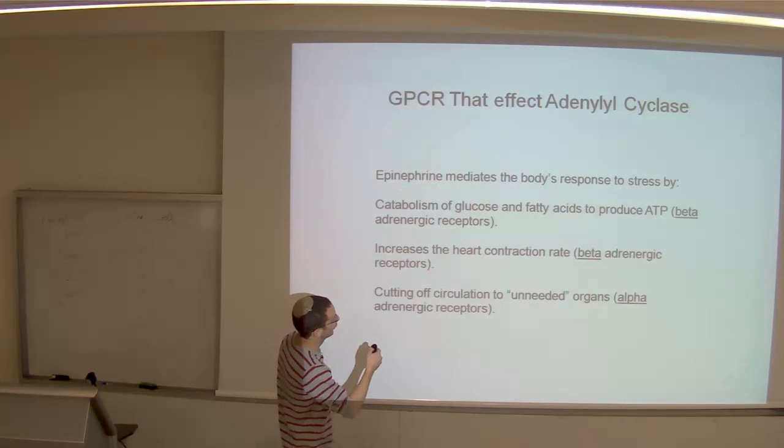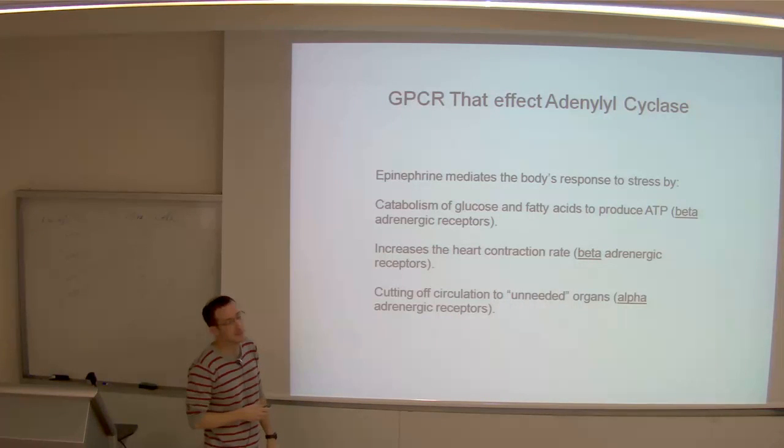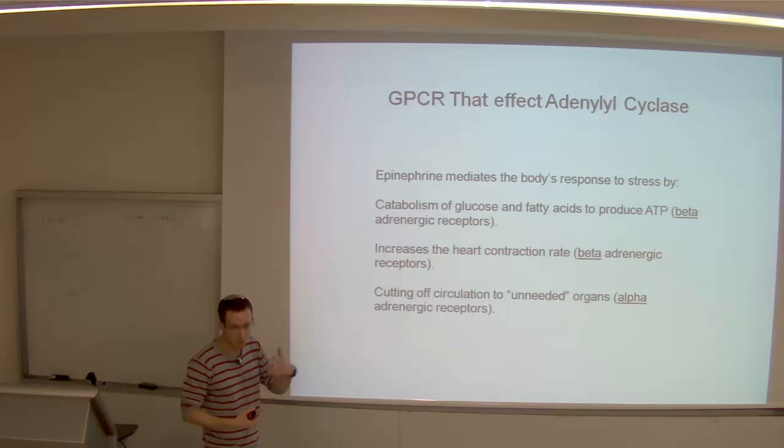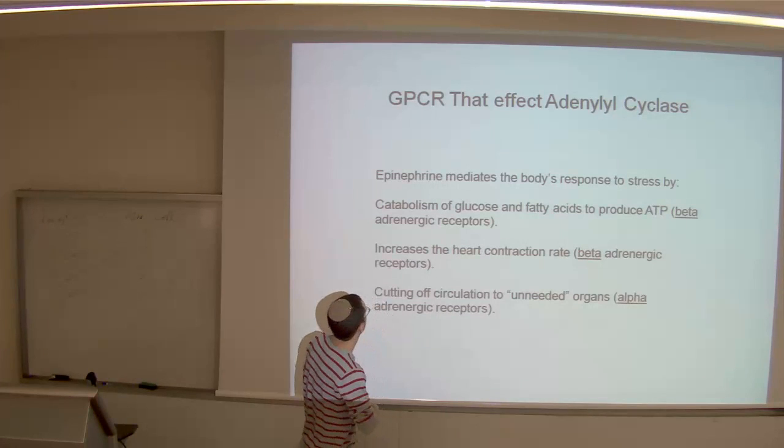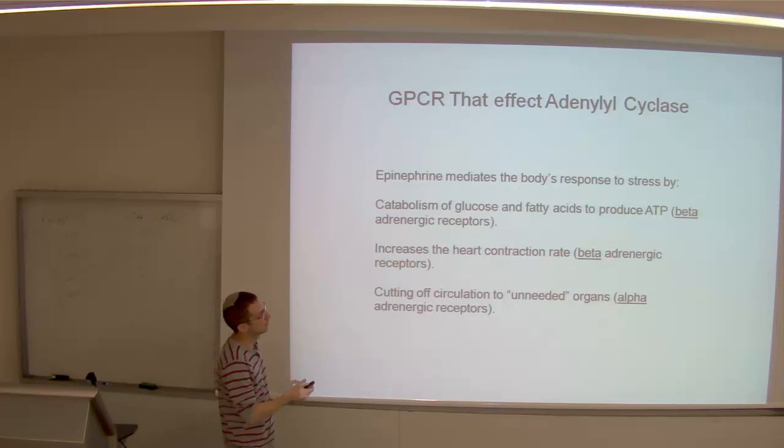So if epinephrine, if adrenaline meets adipose tissues, which are sort of a storage for fatty acids and polysaccharides for time of need, if you need available energy, when it meets a specific receptor on adipose tissue, it causes catabolism of glucose and fatty acids. Some glucose and fatty acids are released from this tissue, and they can then reach other tissues of the body.